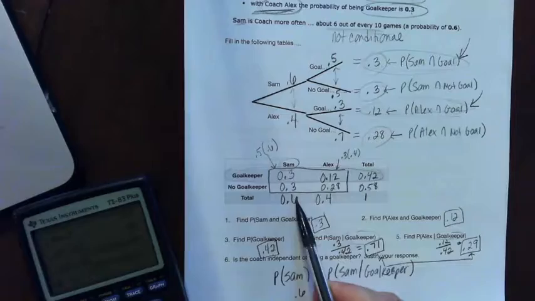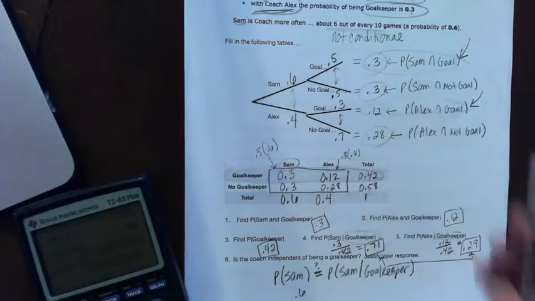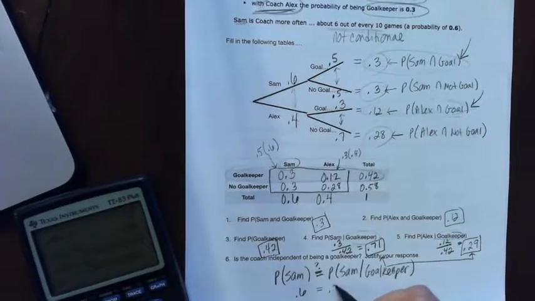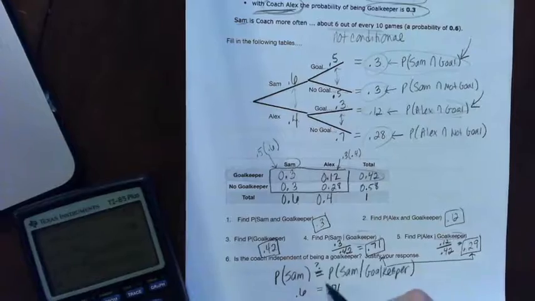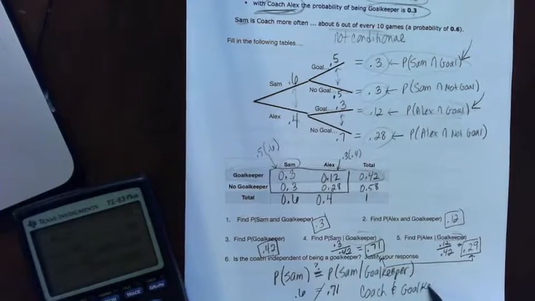You can see it here in the table, here in the tree, here in the stem. Does that equal the probability that Sam is the coach knowing you are the goalkeeper? We've calculated that. That's 0.71. Those are not equal. So we would say that the coach and goalkeeper are not independent.